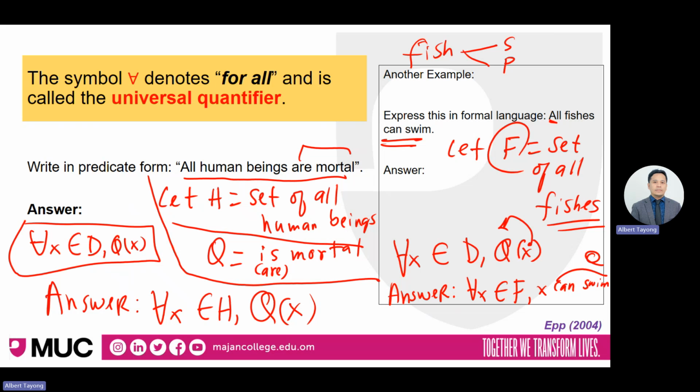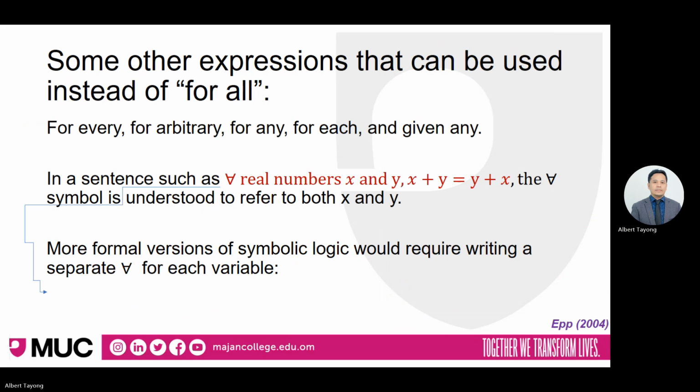All right, so let's have the next. Here, for all real numbers X and Y, X plus Y equals Y plus X. How do we change this into predicate form? It means that we are talking about two real numbers.